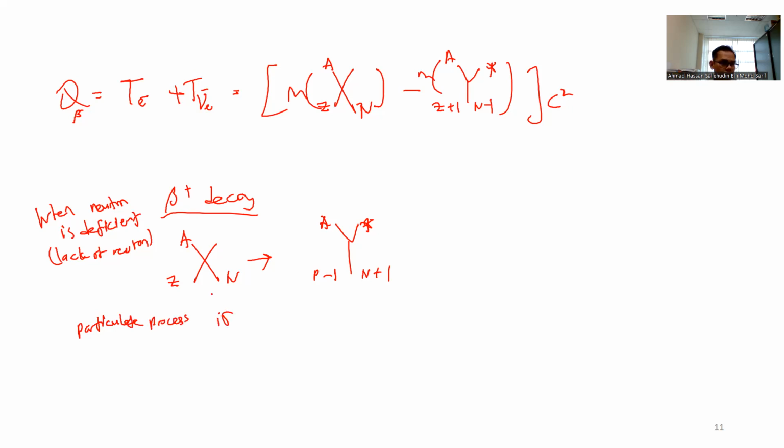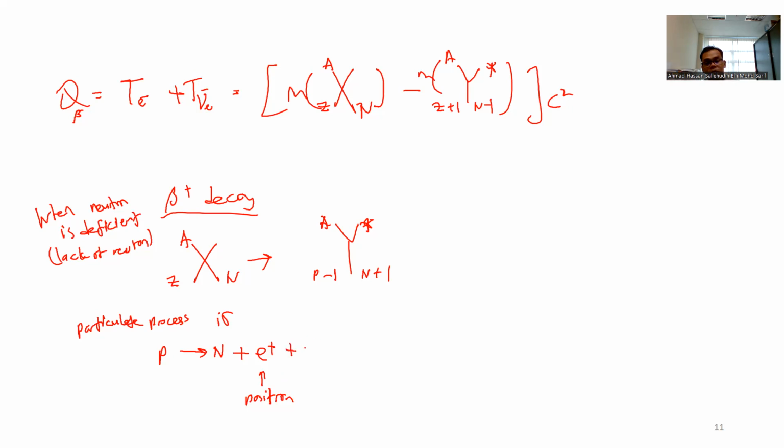is that a proton becomes a neutron. This time it is not a negative electron, it is a positive electron, or positron.